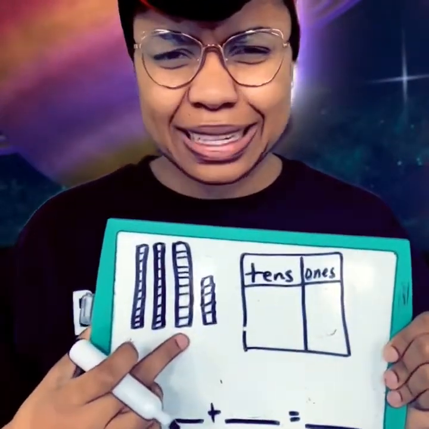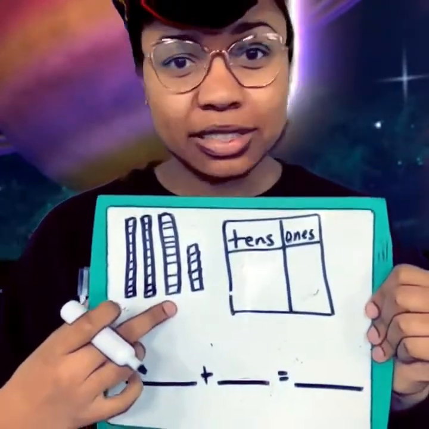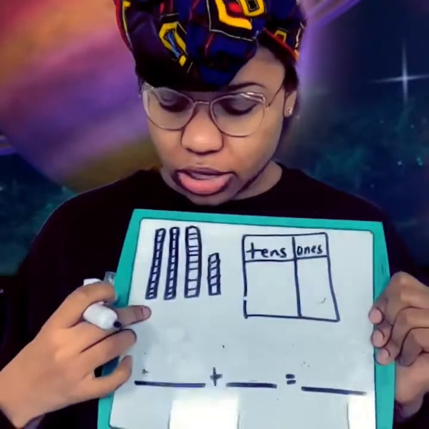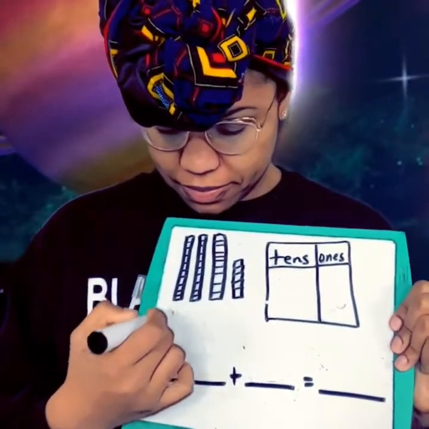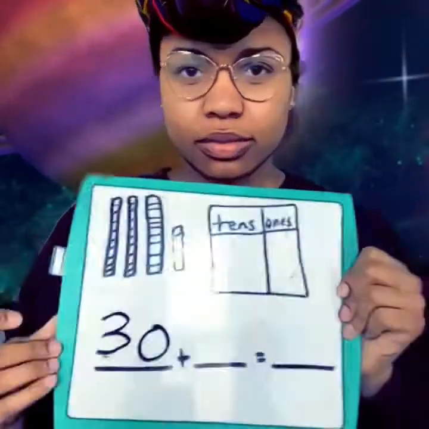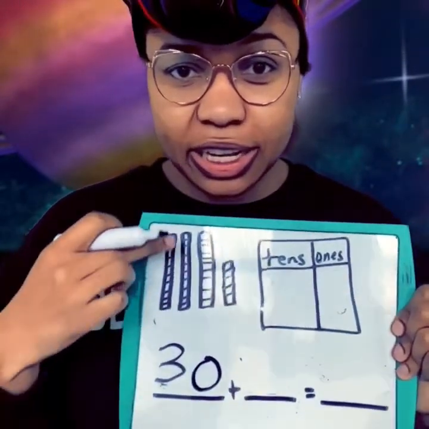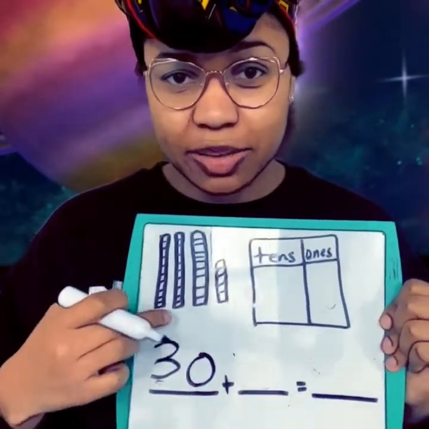Why did I count by tens? Oh yeah, that's right, because they're in groups of 10. So I'm going to write 30 here. Because I have 3 ten sticks, which means there are 30 cubes all together in my 10 sticks.